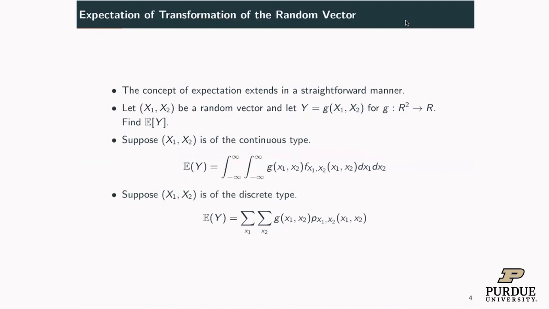How do we evaluate the expected value of Y using the joint distribution of X1, X2? If (X1, X2) is of continuous type, the expected value of Y can be written in this form, with the joint PDF of X1, X2 and the transformation g. Similarly, if X1, X2 are discrete random variables, you calculate the expected value of Y with a double sum and the joint PMF. This is how we calculate the expected value of Y.